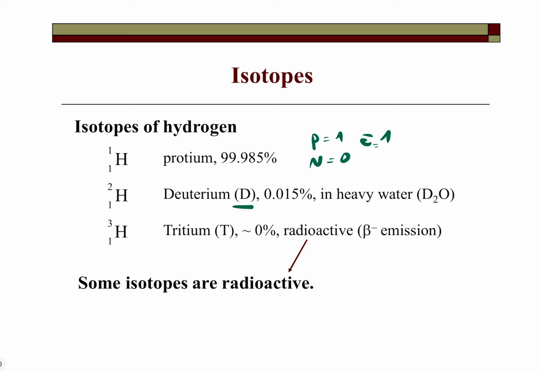The number of neutrons is 1, protons 1, electrons 1. But the last one, tritium, which is radioactive, has 1 proton, 1 electron, but 2 neutrons. It can produce beta emission, negative beta emission.